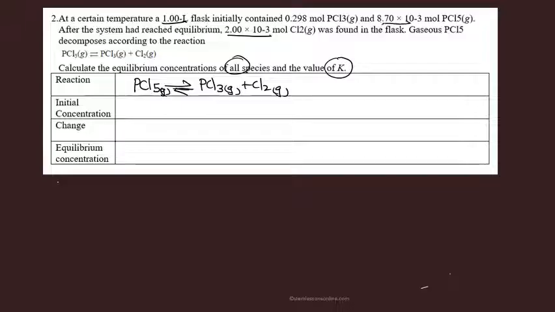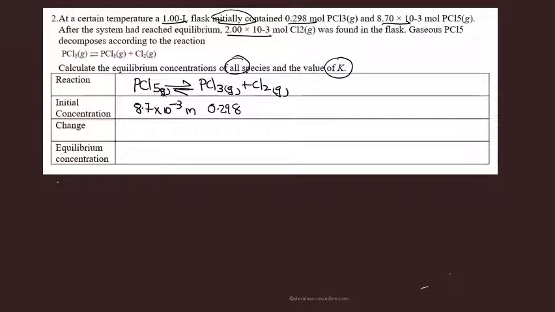So moles divided by volume will be our concentration. Since the volume is 1 liter, I can take the same number as the moles given for the molarity. So for PCl5 it is given, and for PCl3 also it is given as the initial concentration because initially contained.